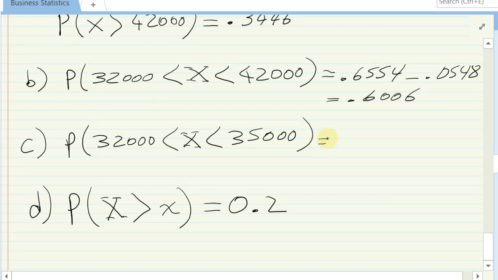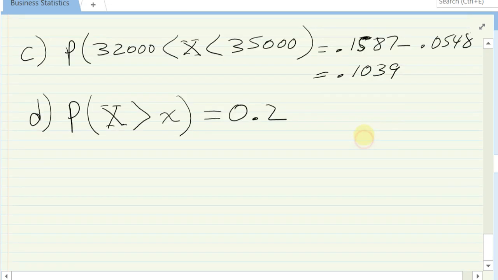In part C, we did the same thing, right? We input the higher number, 35,000. The area below that was 0.1587. And we subtracted the lower area of 0.0548 from it, and the answer to that part was 0.1039, about 10% probability of that.